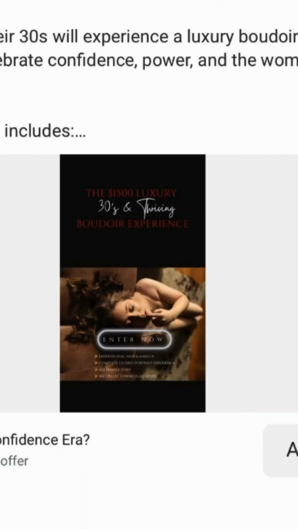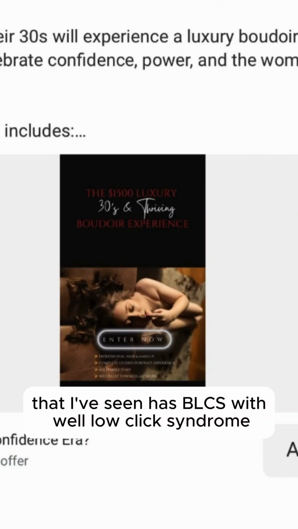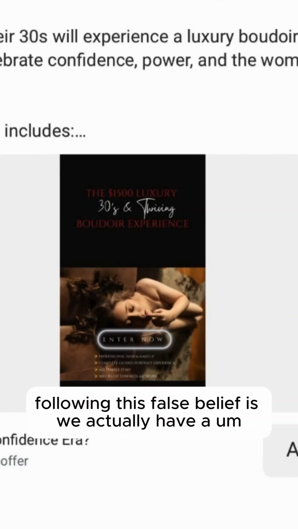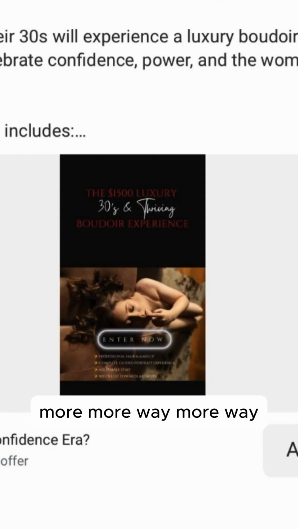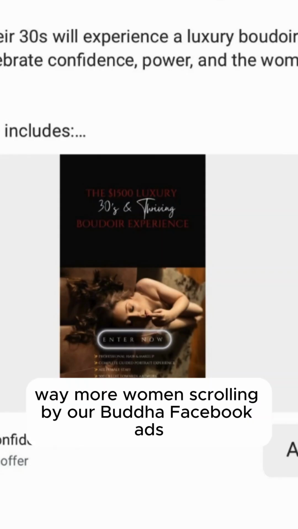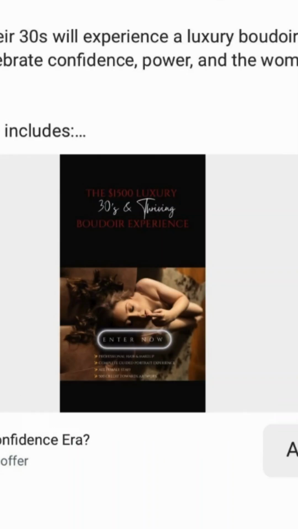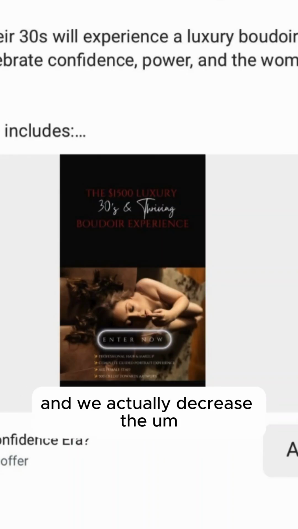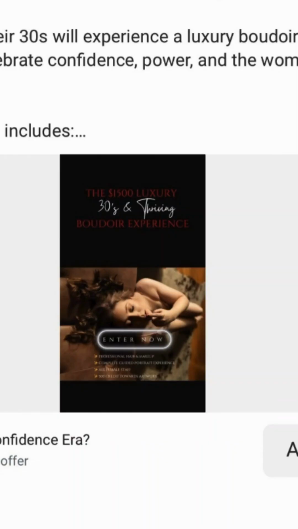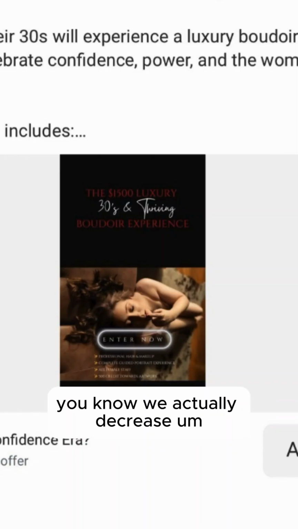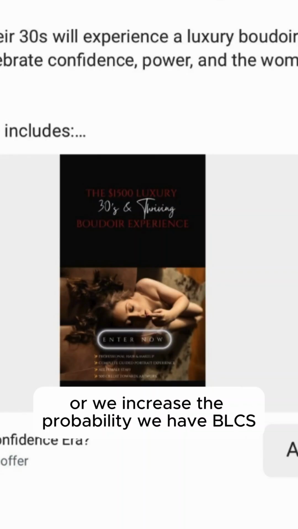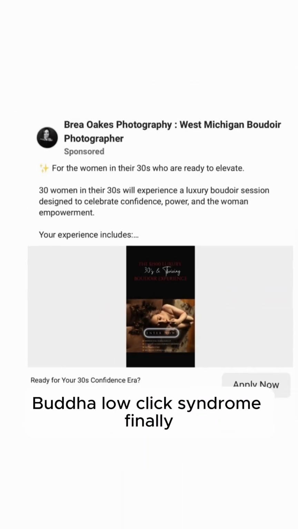The consequence of following this false belief is way more women scrolling by our Boudoir Facebook ads than necessary. This pulls our unique CTRL under 6%, and we increase the probability we have BLCS, Boudoir low click syndrome.